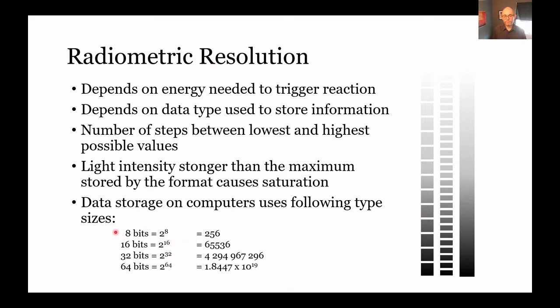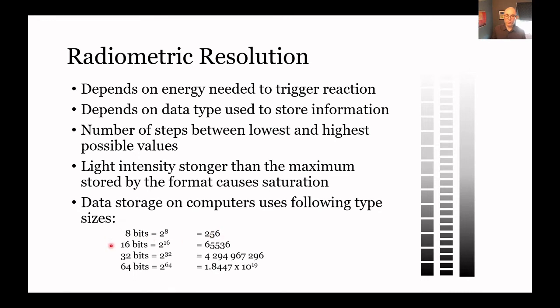So a lot of data, aerial photographs, satellite imagery, older satellite imagery, will store data using 256 values, 1 byte. So we have 256 levels of intensity.